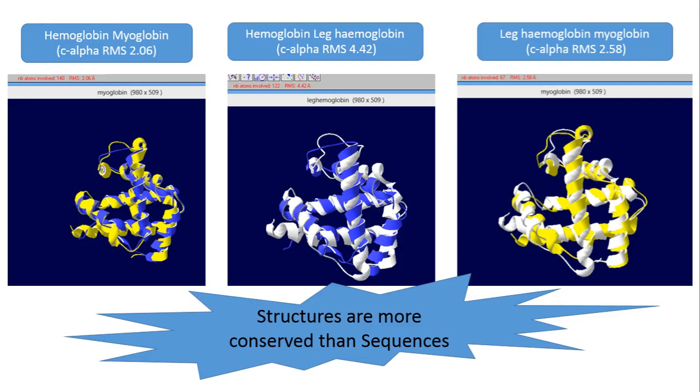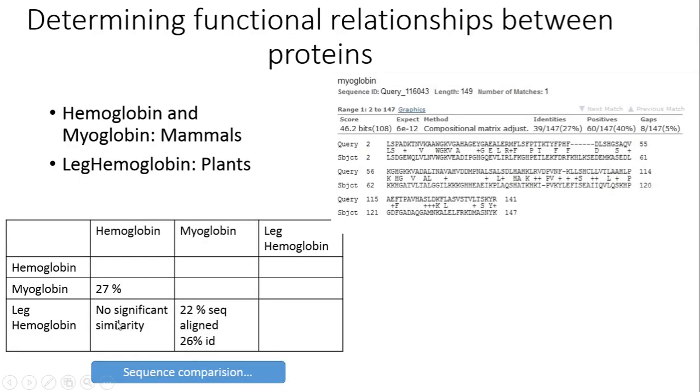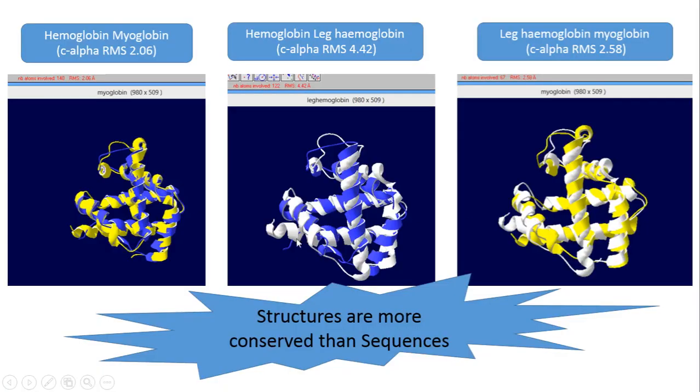So that is why we say that although these three proteins appear to be sequentially diverse, structurally they are very similar to each other. The reason for such a conserved structure is that these three proteins need to perform similar functions.